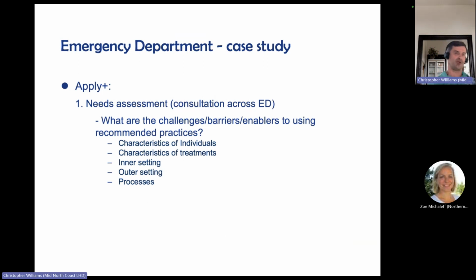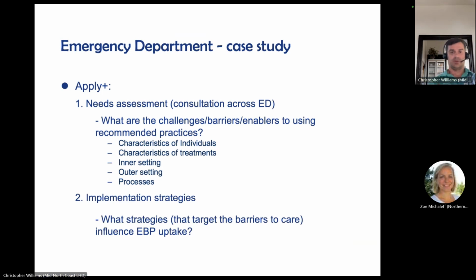And then, of course, we're considering the processes that are happening across systems that might be influencing high presentation rates or patients to prefer a certain treatment strategy. Then what we do is, considering all of those determinants, the challenges and the barriers, we look to map implementation strategies or practice change strategies to those particular barriers that can then influence changes or reduce the barriers, enabling better care.